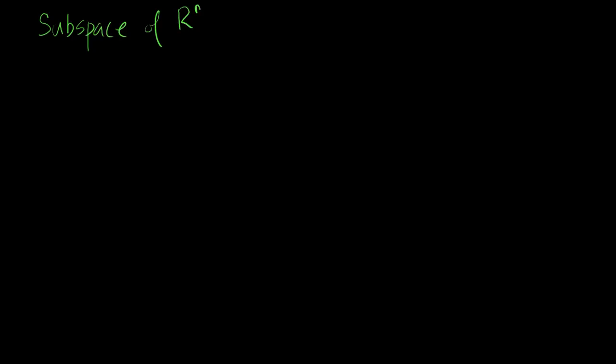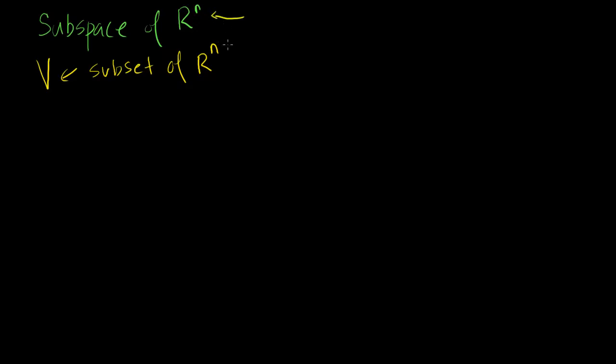I'm going to say that a set of vectors V, so V is some subset of Rn. We already said Rn, when we think about it, is really an infinitely large set of vectors where each of those vectors has n components. I'm not going to formally define it, but this is just a set of vectors.